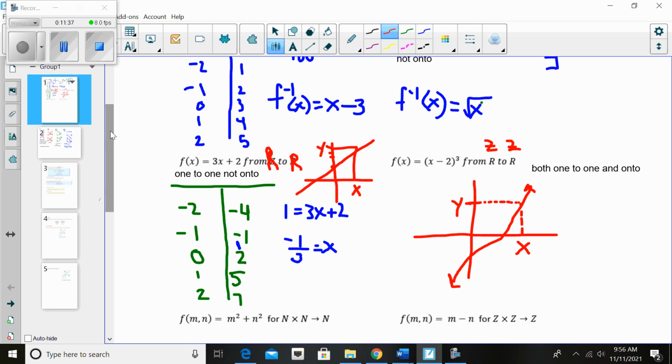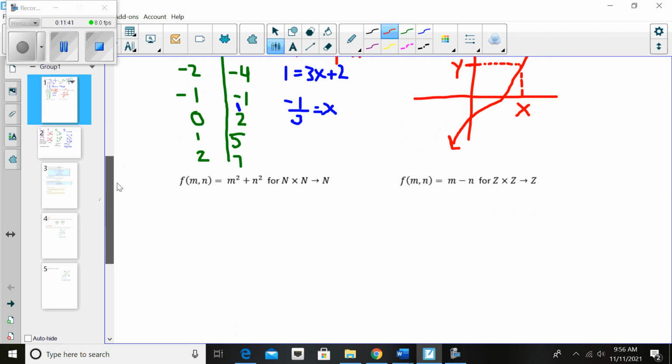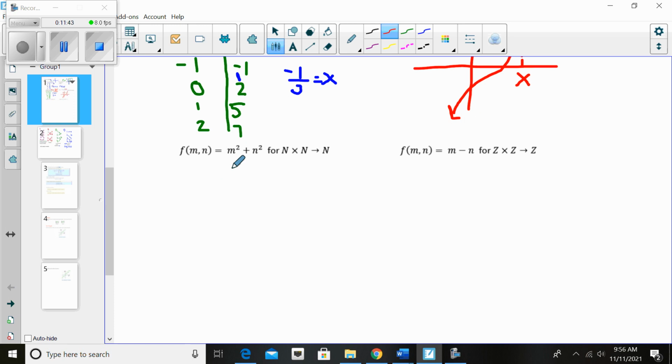So let's look at some other interesting functions down here. These are what are known as functions of 2 variables. I'm inputting an ordered pair, and therefore I'm going to map from the set N cross N. We talked about that in the note packet the other day. This N cross N is the set of all ordered pairs of natural numbers.